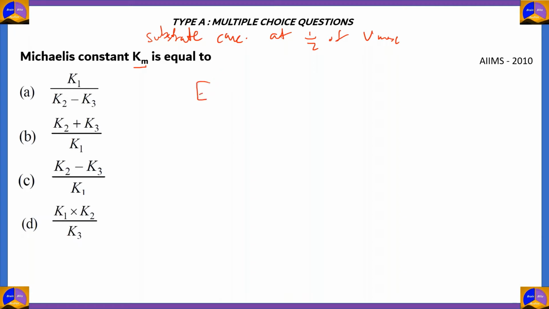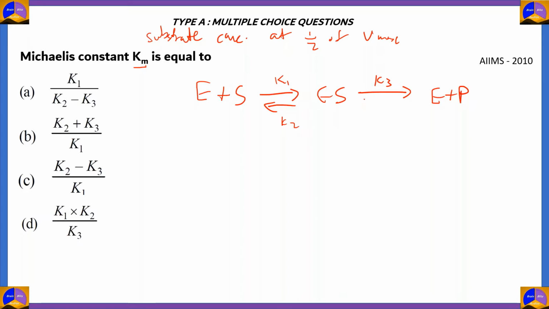So using an enzyme, what we'll get is E plus S changes to ES, which changes to E plus P. The forward reaction is K1, the backward reaction is K2, and the final reaction is K3.